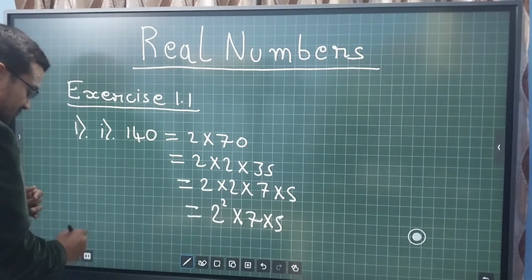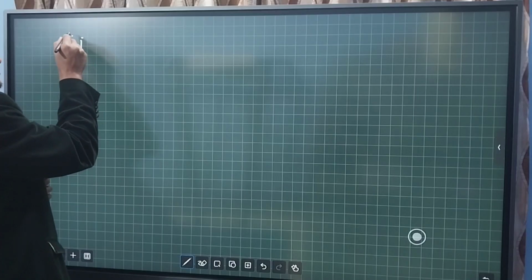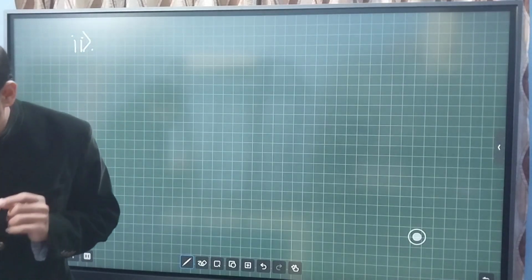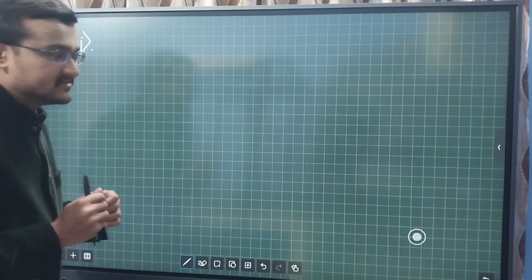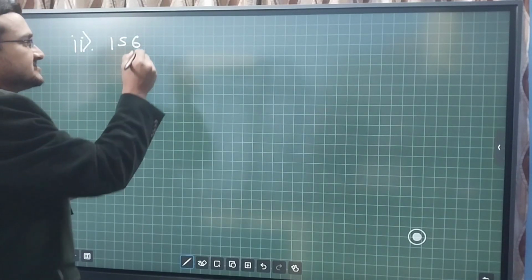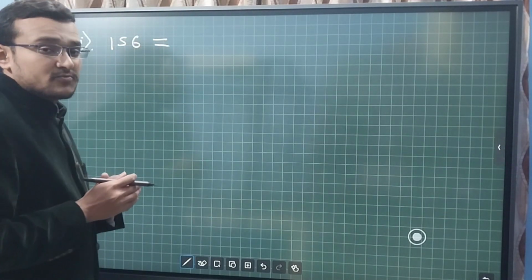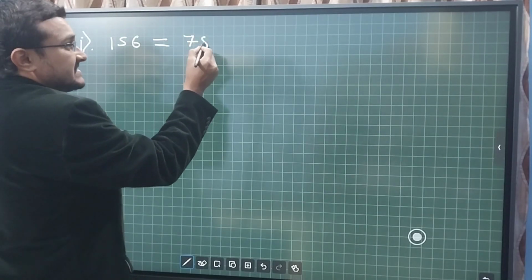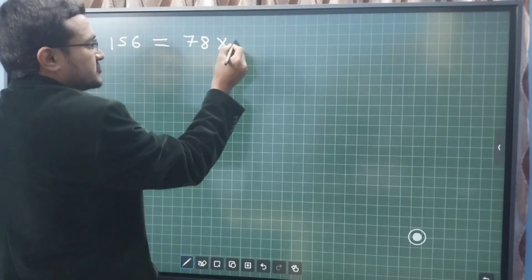Now we'll move to the second part of the same first question. Here they have given 156 as the number. This also we'll try to factorize. So 156 means 78 into 2.